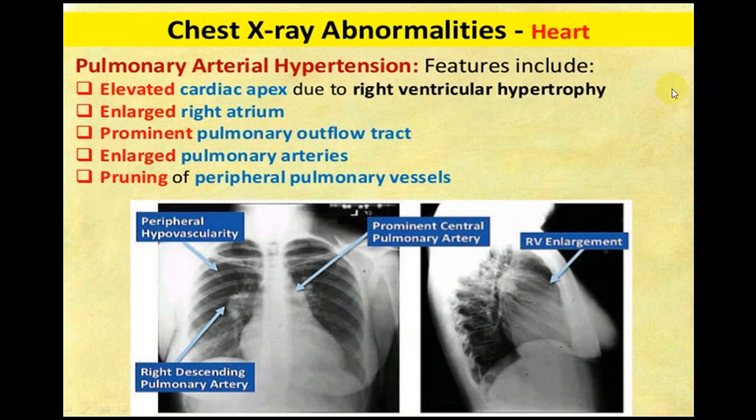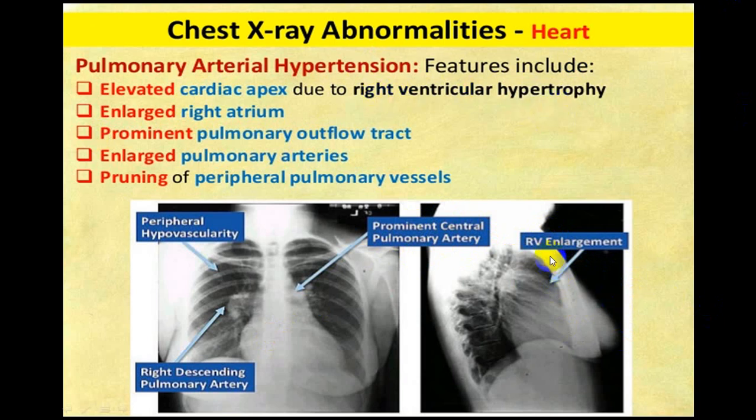Now, if you see in this particular image, this is a prominence of the pulmonary artery. The right pulmonary artery is markedly prominent. So, this tells you that the pulmonary artery is markedly prominent, and this will happen in pulmonary hypertension. In a lateral view, a good number of times, in a person with pulmonary hypertension, you will get right ventricular hypertrophy findings.